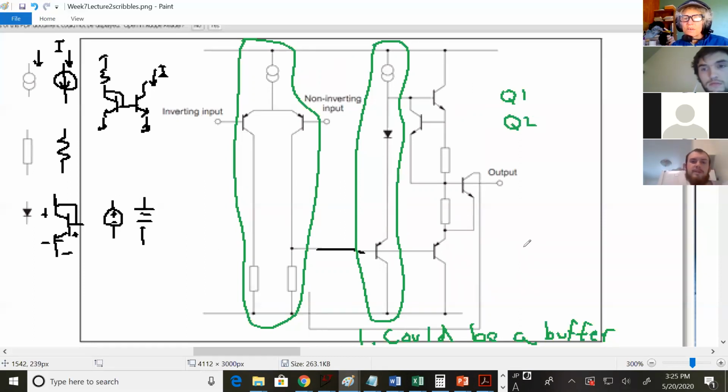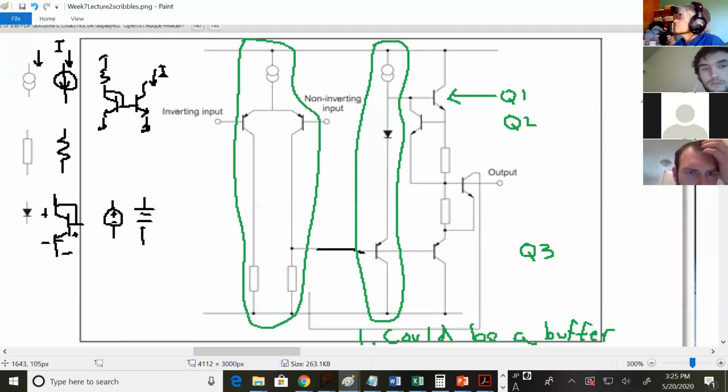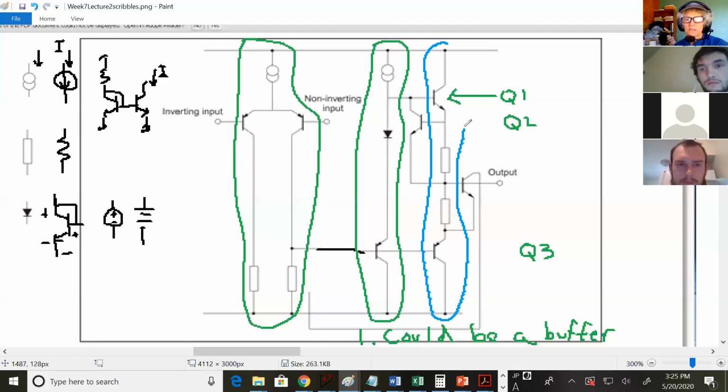Is it a push-pull output stage? Exactly, yes. And if this Q1 is going to that Q3, which transistors make up the push-pull stage? Q1 and Q3. And it has to go rail to rail for it to be considered a whole stage. Those resistors right there, we can talk about them in a minute. Okay, push-pull output stage.